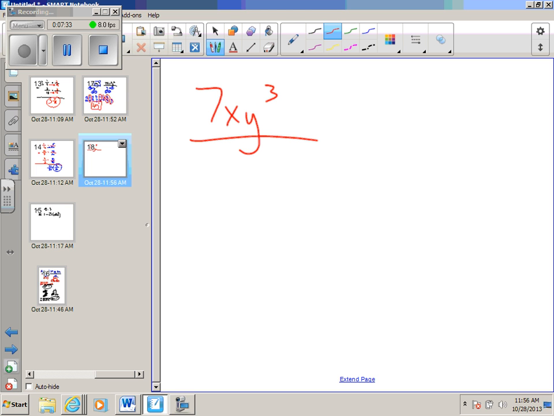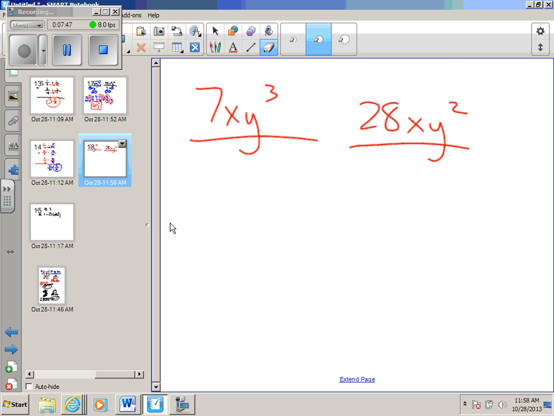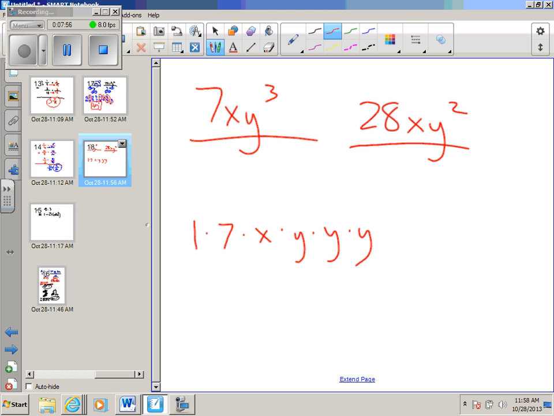7xy to the third and 28xy to the second. Give it a shot. We're going to keep rolling here. So for 7xy cubed, we're going to have 7. We could put the 1, that's fine. So 1 times 7 times an x times 3 y's.